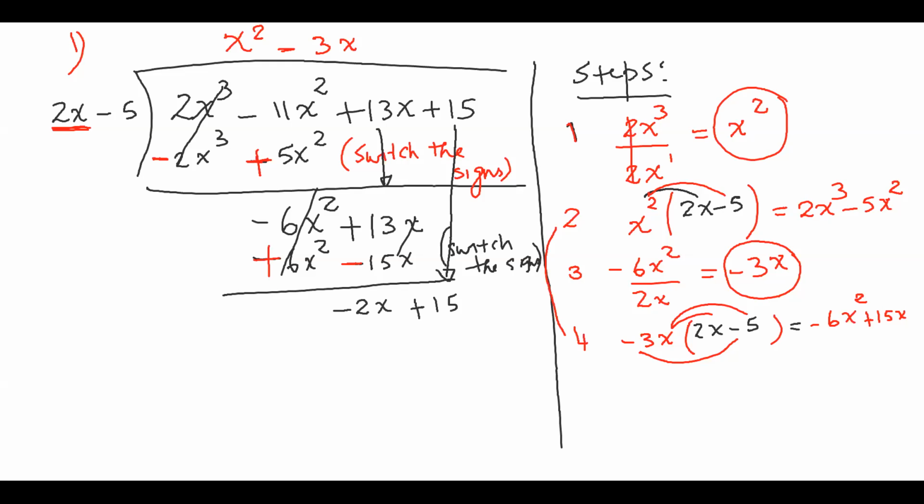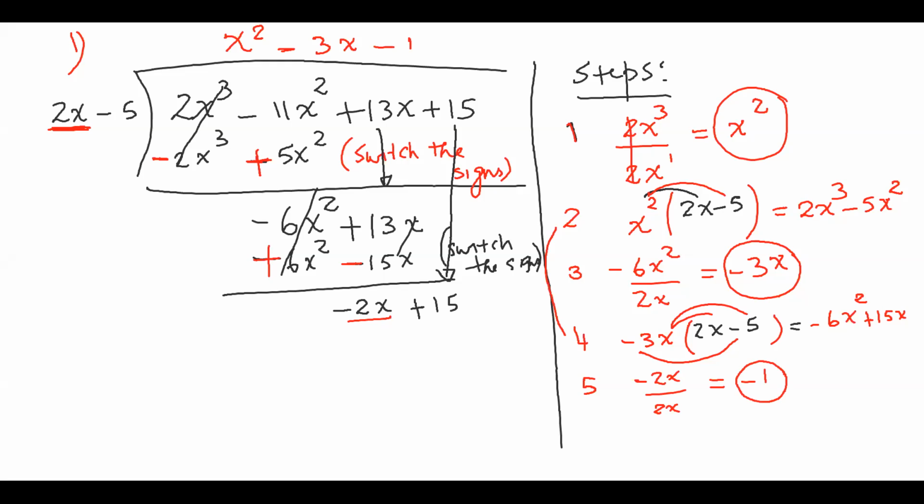Okay, we are not done yet because we can still divide negative 2x by this 2x. So we put negative 2x divided by 2x, which is going to be just negative 1. And this negative 1 is our quotient, so it's going to go on the top.